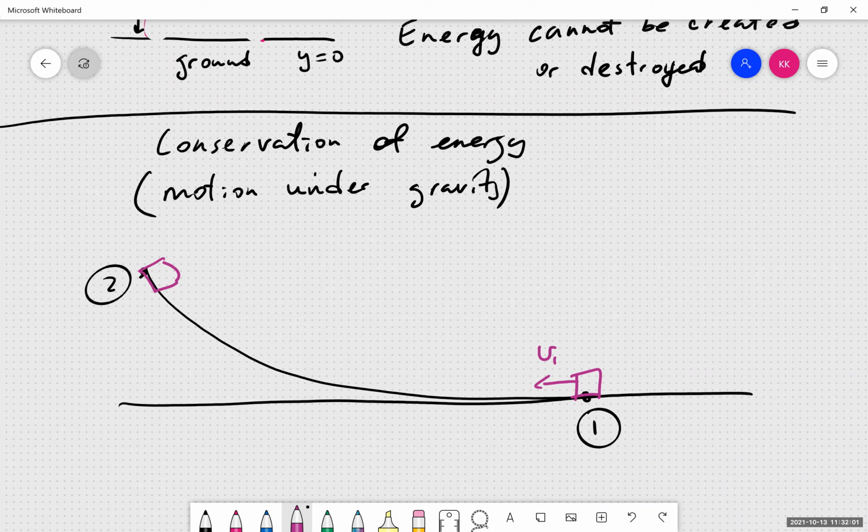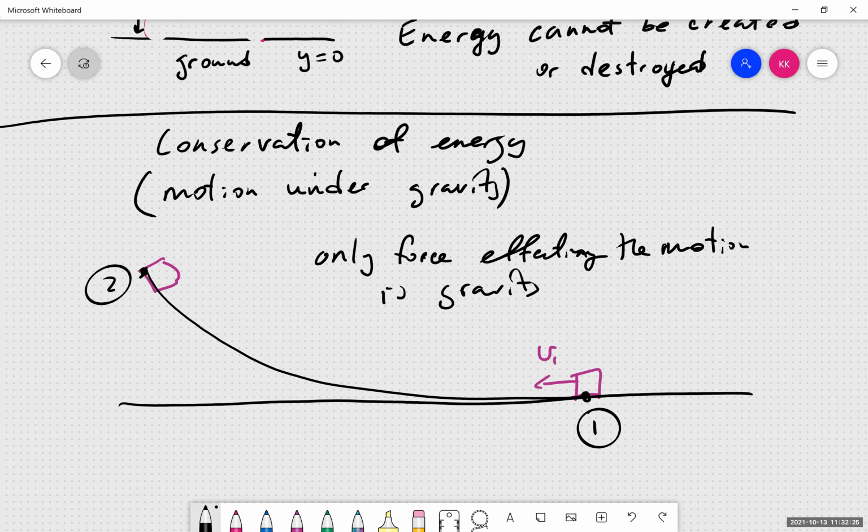Now, one thing we have here is that this entire time, the only force affecting the motion is gravity. That means we have to eliminate any other forces. For example, we're going to say there is no friction.